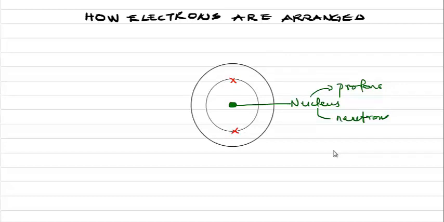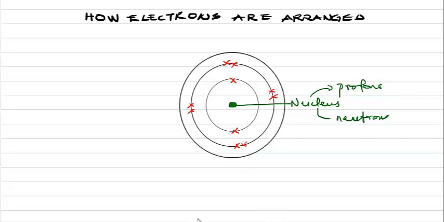The next shell, or the next energy level, has a higher energy level compared to the first shell, and it can take up to 8 electrons. So this is how we put electrons in the next shell: 1, 2, 3, 4, 5, 6, 7, 8.